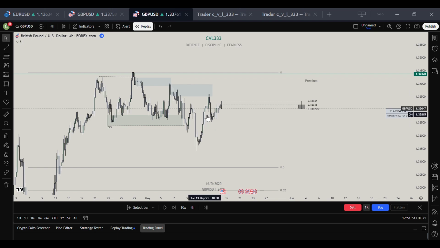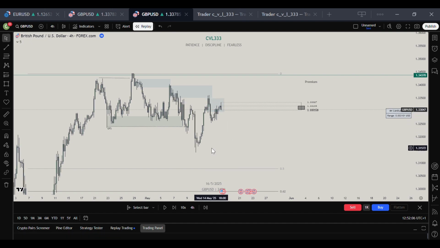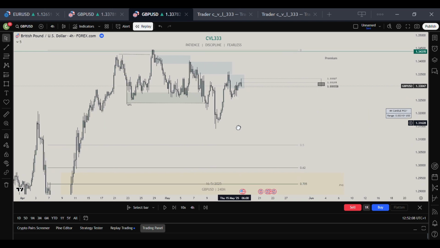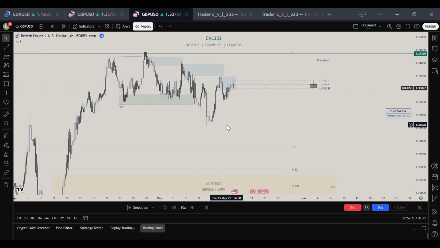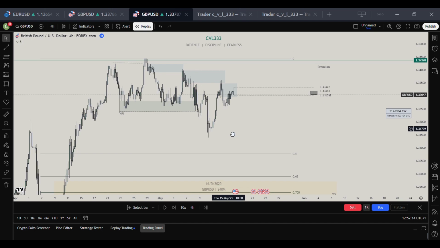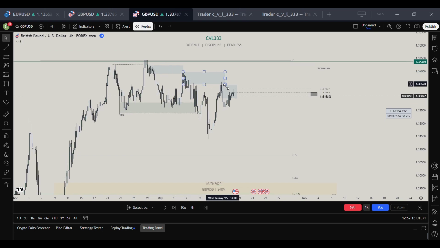You can then see price being driven into a bullish fair value gap. Price reacted off this bullish fair value gap, and then price is now being driven back into a 4 hour order block. We can see we have a 4 hour OB here which price is currently reacting off. So we've now built more confirmation for these shorts, as we can see that supply has clearly took control of the market here as we have had a demand failure.